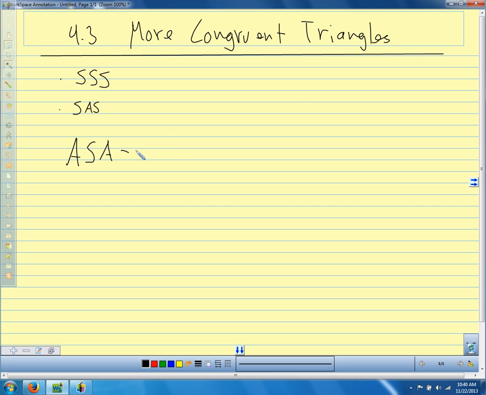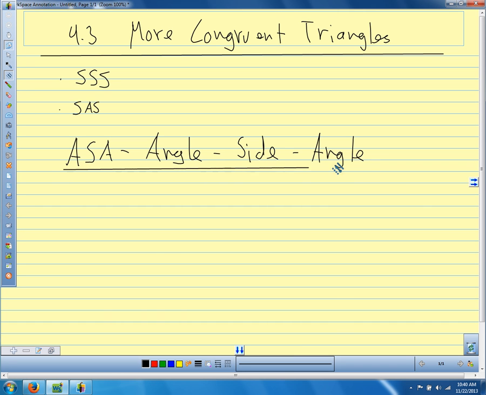ASA is angle, side, angle. And so far all of the ways that we've talked about to show that triangles are congruent have been postulates. So we're talking about postulates. These are things that we accept as true without proof.